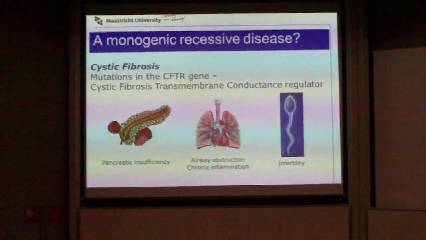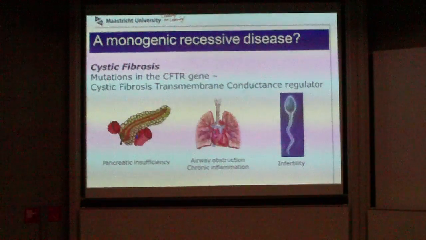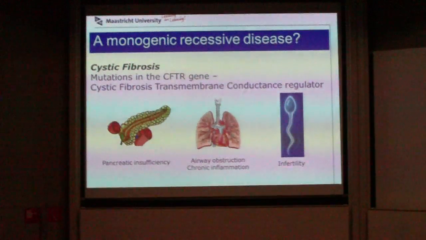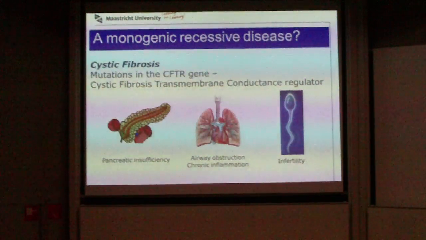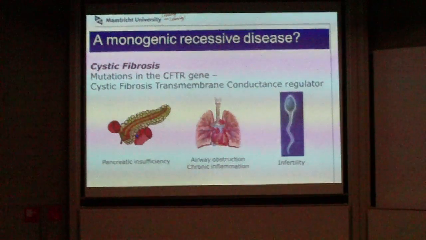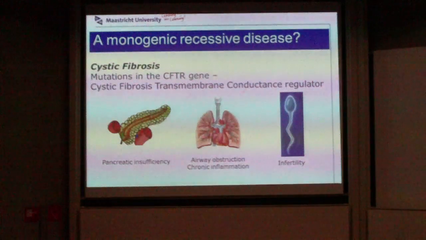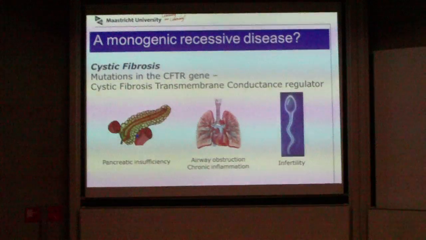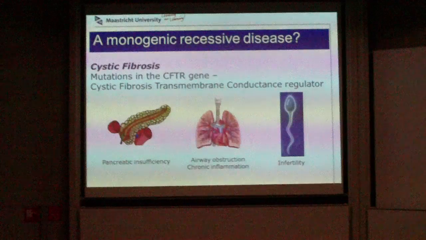It means that you produce mucus which is more sticky, more difficult to get rid of, and it has something to do with the translocation of chloride ions, and it regulates more or less the osmotic value of the mucus. And you can imagine if there's something wrong, the fluidity of the mucus is decreased, and that's what happens, and it can strongly impact pancreatic function, so insufficiency, airway obstruction because of this very tough mucus, and infertility as well.